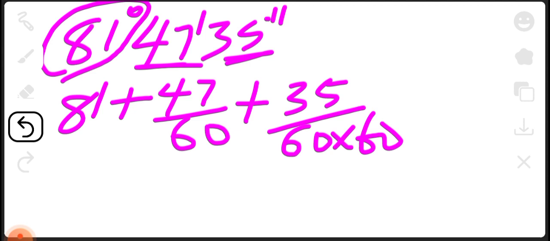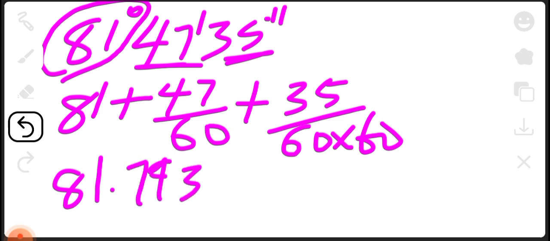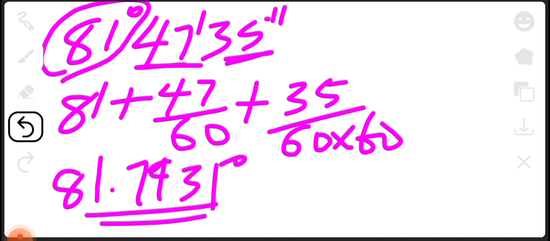That means if you do something like this now, you're going to have an approximate answer with many decimals that you're going to approximate, that becomes this one that you're seeing here now. So that is 81.7931 degree. So that would be the answer to that particular question.